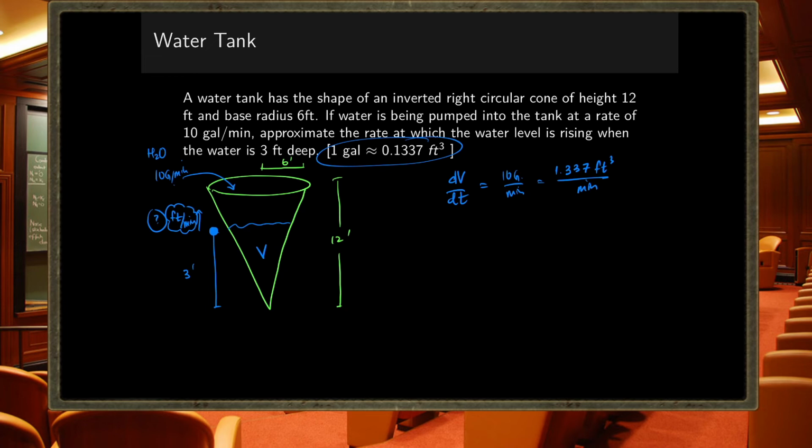And so we know that. Let's put that in over here: 1.337 feet cubed per minute. We're looking for the height that's changing here. We know it's 3 feet at this moment, but we should note that it's changing, so we're going to call it H. That H is changing, but we want to know how fast it's changing.